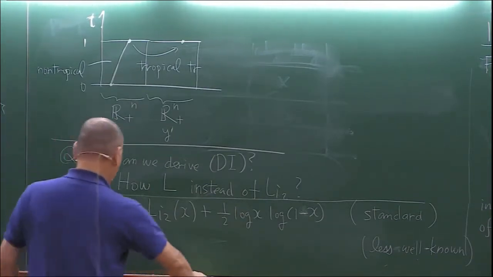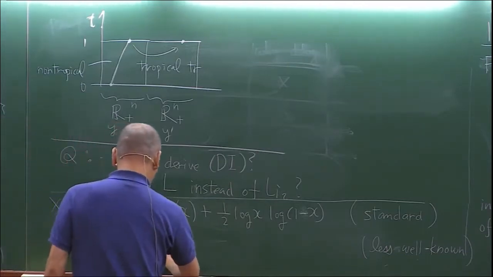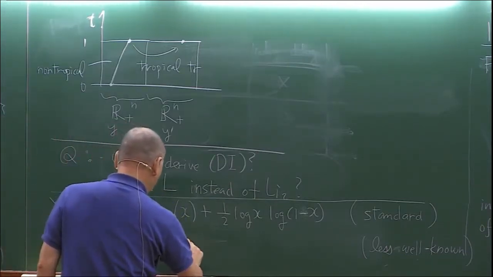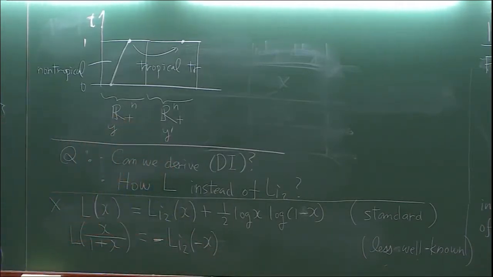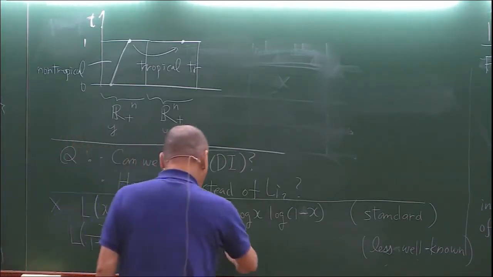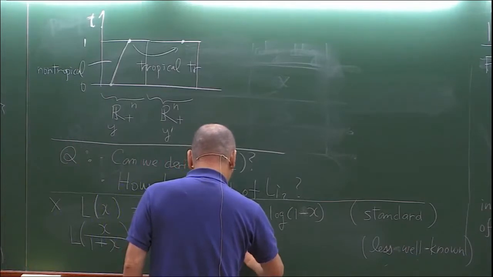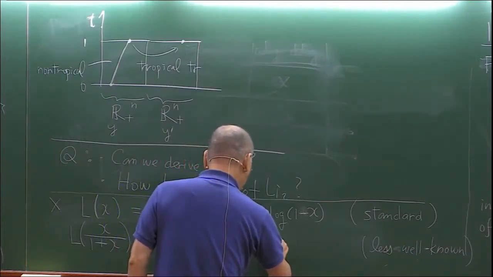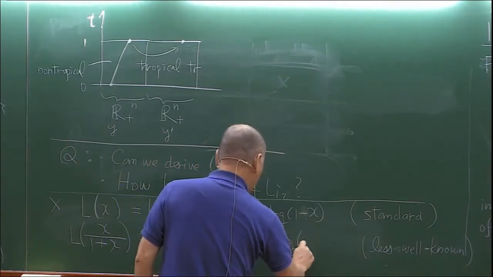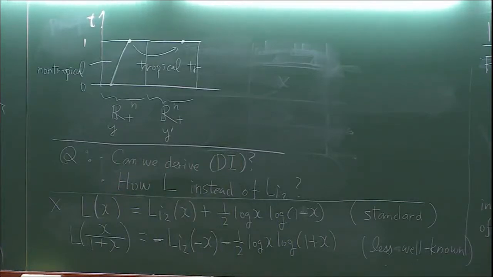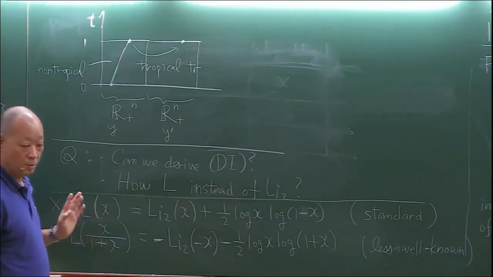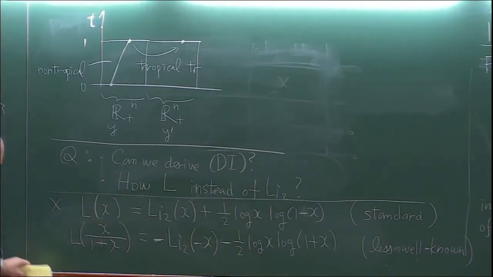Here we have a minus sign, and Li2, and we have a minus sign here. This is good because in this picture we have plus here, so this minus is somewhat very crucial. And minus 1/2 log x, and this one becomes plus. And this is an identity. You can easily prove it just by taking the derivative of both sides. It's a good exercise to prove this one.